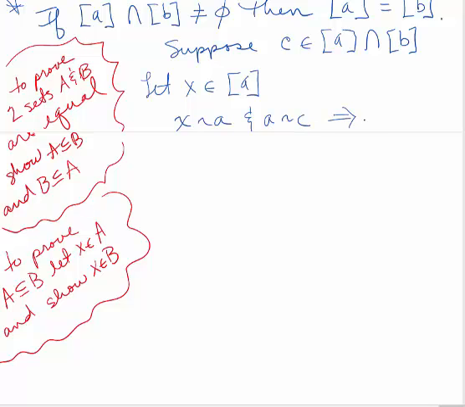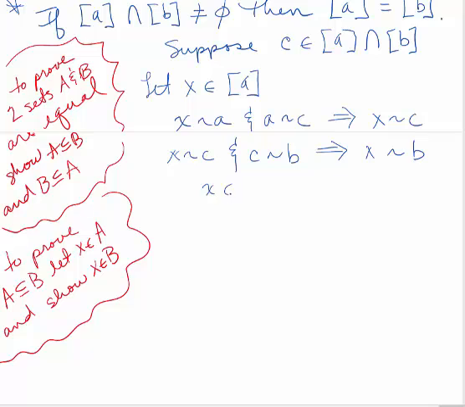We can get at least X is related to C. Well, that doesn't put it automatically into the equivalence class of B, but X is related to C, and C is related to B because C was in the intersection. So this does give us X related to B by the transitive property.